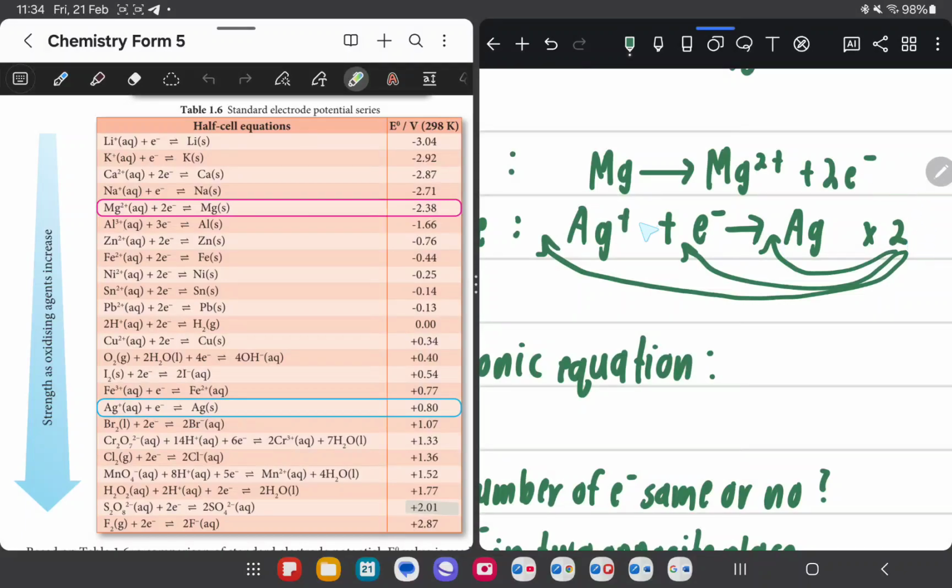But this 2 won't disturb the charge. The charge will remain the same. Only the number in front of the element changes. Understand? So it would be 2Ag plus, not 2Ag2 plus. The 2 won't disturb your charge, it will just change the coefficient in front of your element.